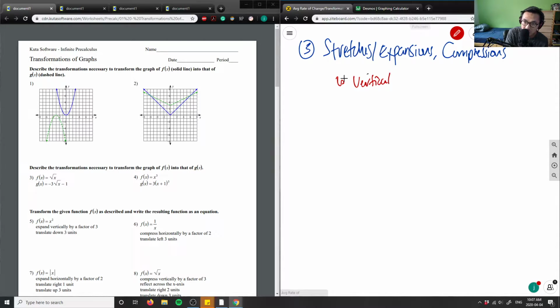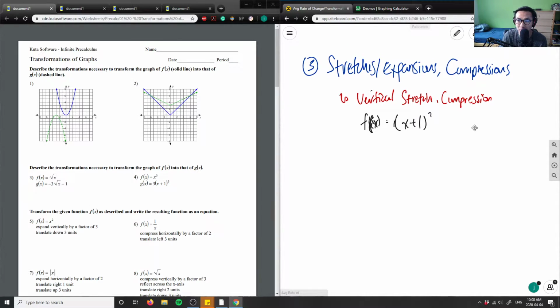This is a vertical stretch or compression. I'm going to use the function f of x equals (x plus 1) squared, and we're talking about vertical stretches and vertical compressions.